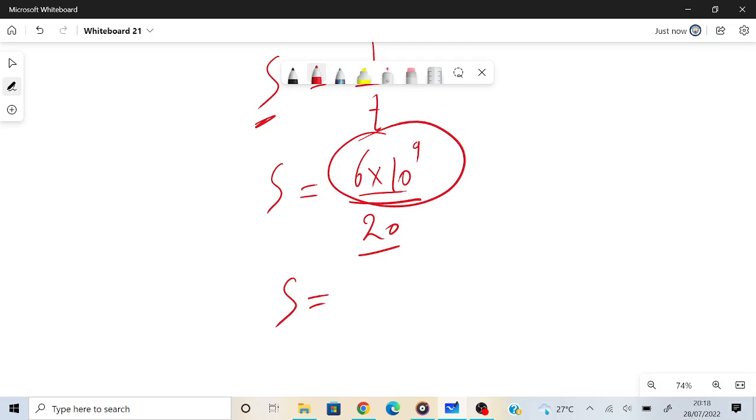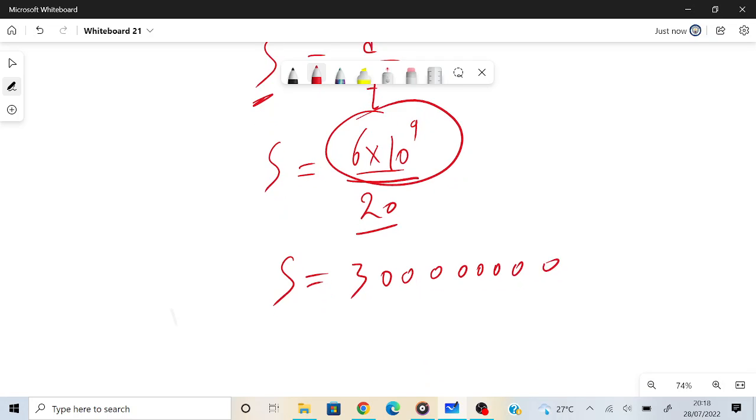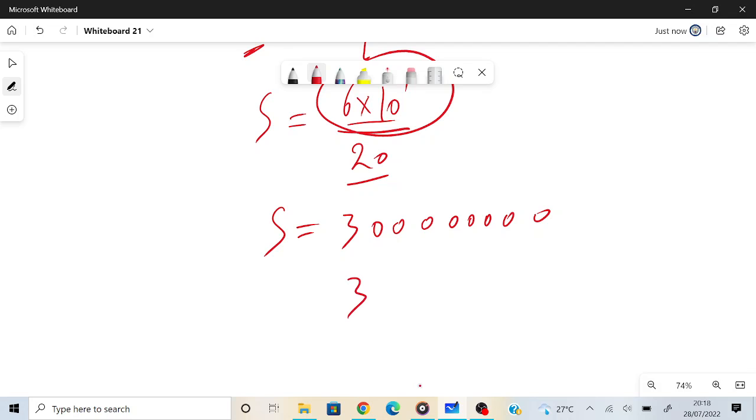So then speed is simply 6 times 10 to the power of 9 divided by 20, and doing that I am getting 300000000, or this can be written as 3.0 times 10 to the power of 8 meters per second.